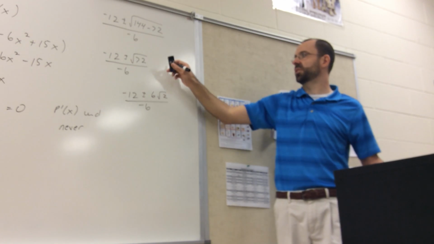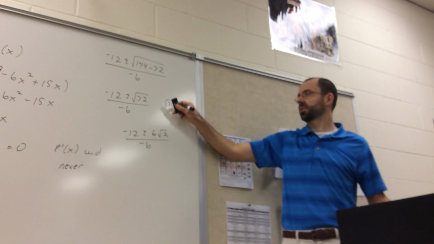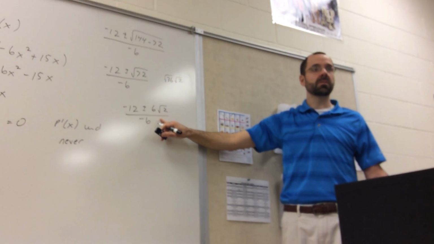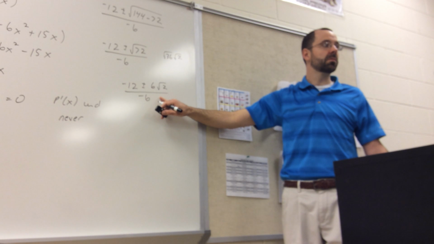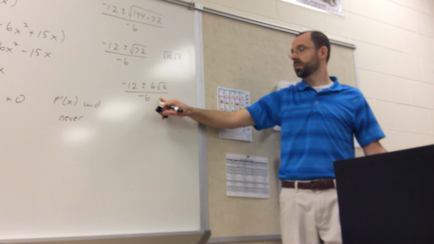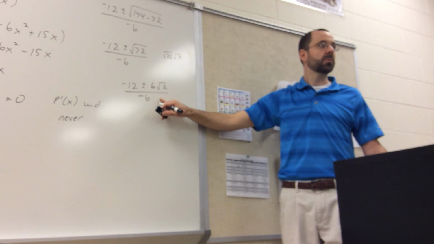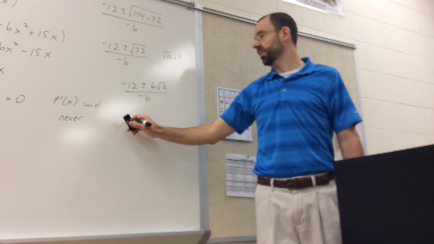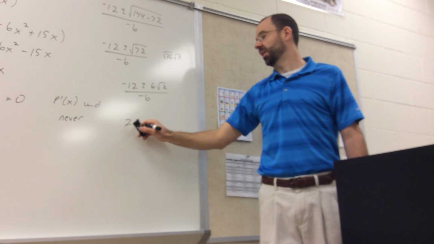So I just split up the 72 into 36 times 2, and the square root of 36 is 6. So then I can divide everything by negative 6, so that's 2 plus or minus root 2.